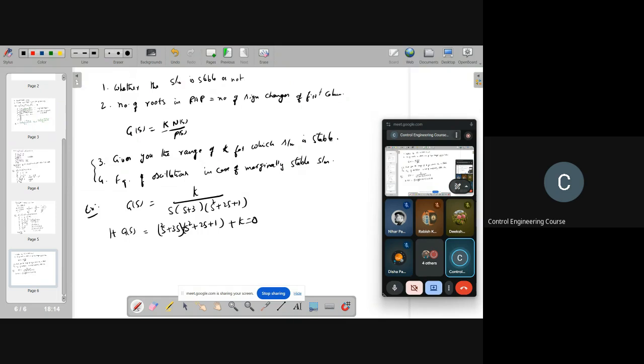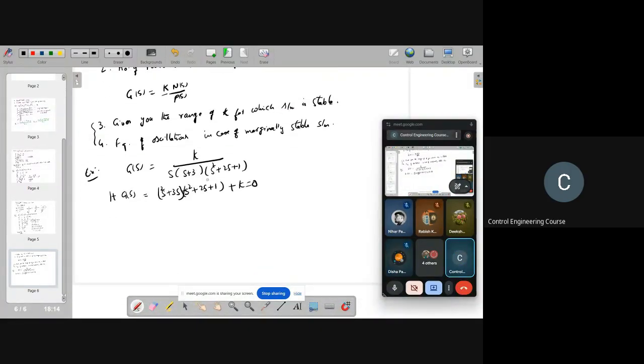So the goal is, if K is changing, then the roots of this equation also will change. In this case, the Routh-Hurwitz criterion will give you the range of K for which the system is stable. Let's see how you can find this. The overall characteristic equation will be S power 4 plus 4S cube plus 4S square plus 3S plus K equal to 0.